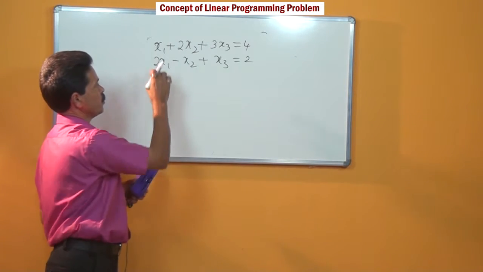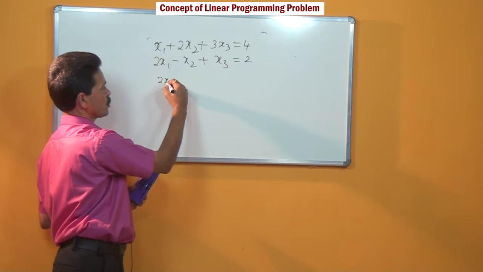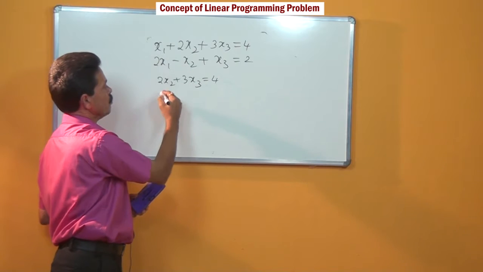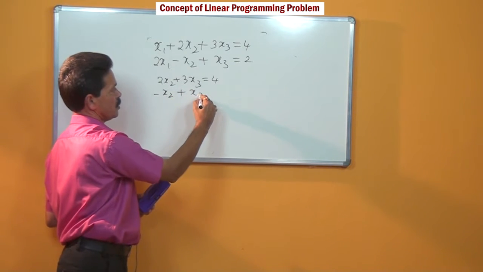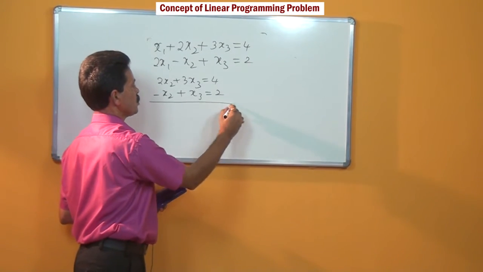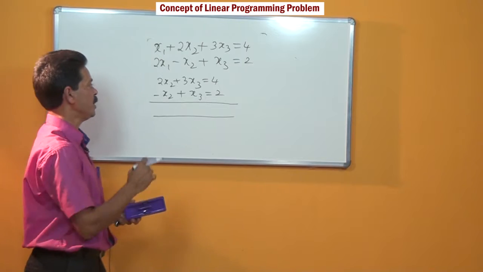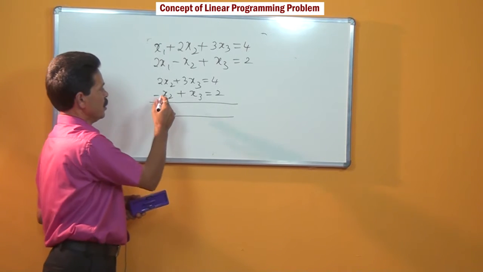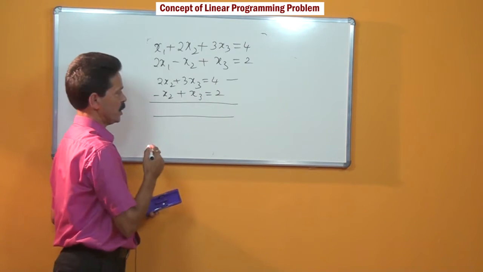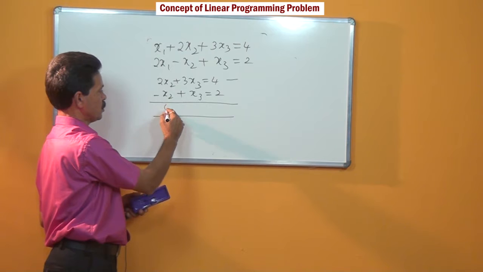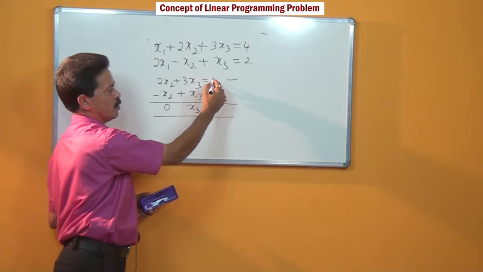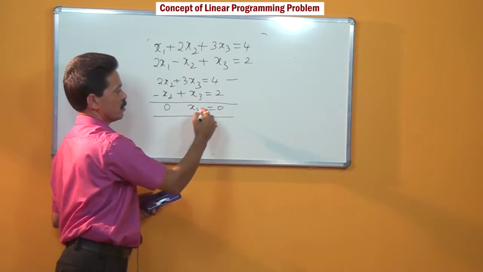Suppose I put x1 as 0, then we get 2x2 plus 3x3 equal to 4 and minus x2 plus x3 equal to 2. Solving these two equations, we get the values of x2 and x3. If you multiply the second equation by 2 throughout and subtract, then we get 2x2 minus 2x2 is 0, 3x3 minus 2x3 means x3, and 4 minus 2 into 2, 4, that is equal to 0.